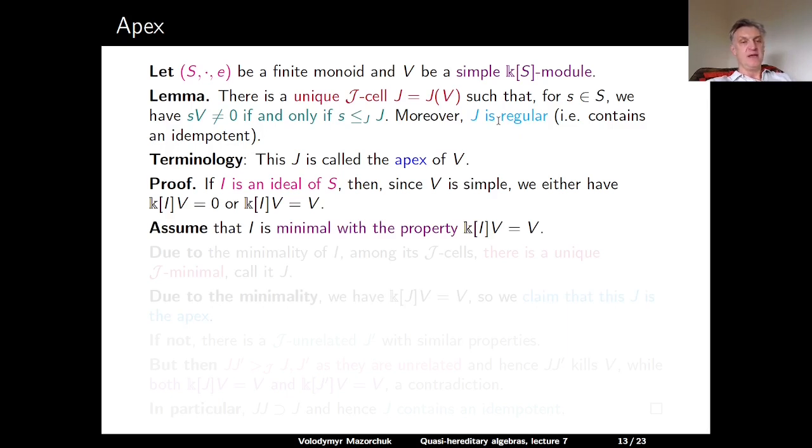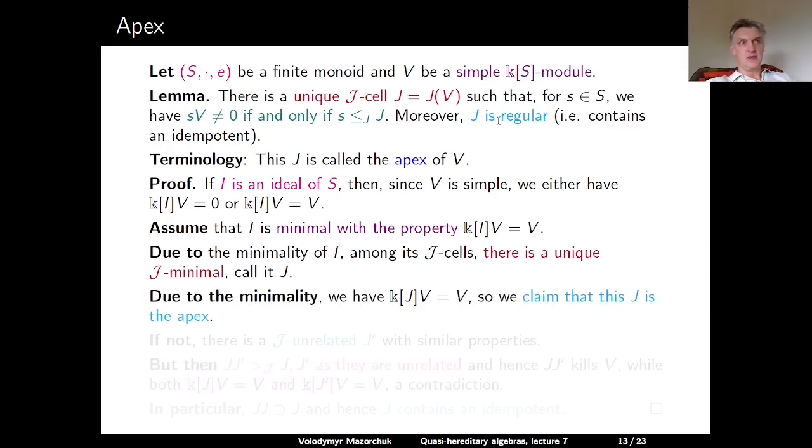Now let us take a minimal ideal I with the property that k of I times V is equal to V. Due to the minimality of I, if we look at all two-sided cells which are contained in I, the ideal I contains a unique minimal two-sided cell with respect to the two-sided order. Because as soon as we take some smaller ideal, our property KIV is equal to V should fail. So this is given by some unique minimal two-sided cell in I.